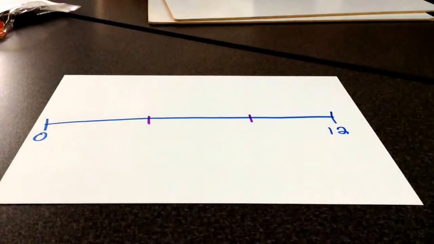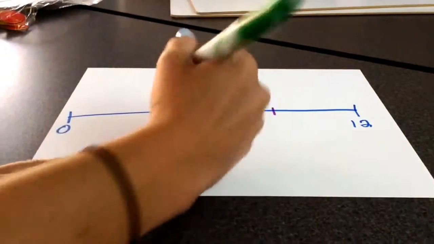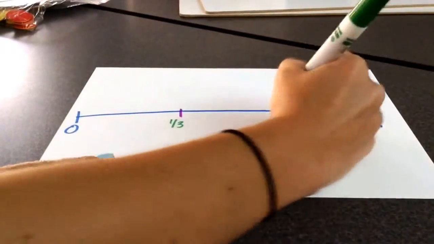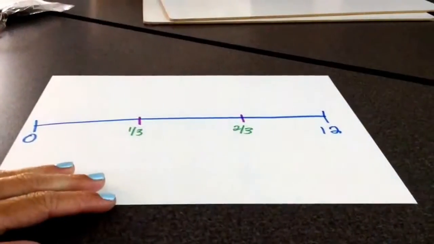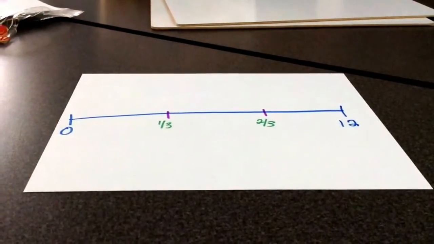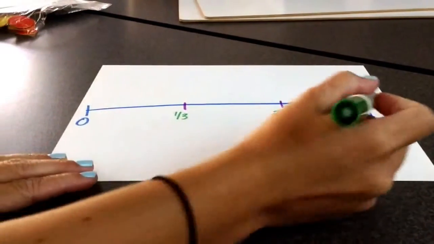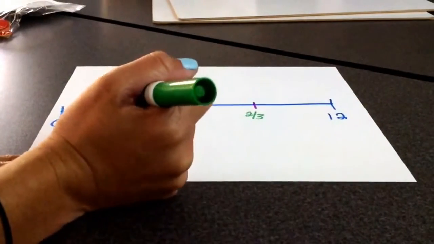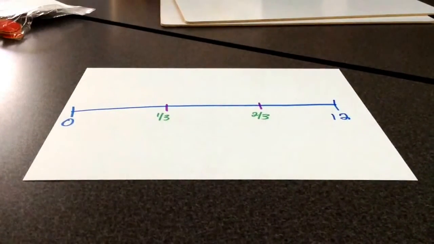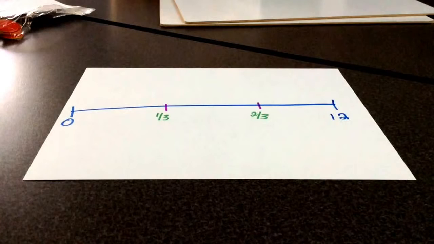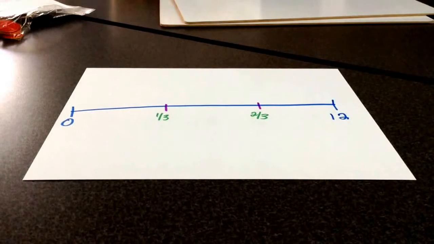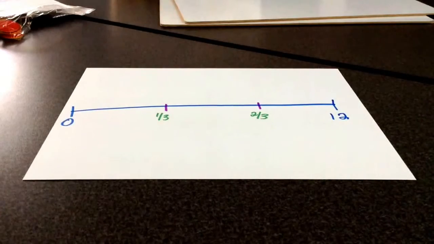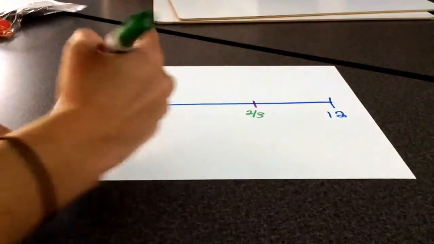So we know that in these 3 equal pieces, this is our first, this is going to be 1/3, and this is 2/3. Now that we know that our final number is 12, we're going to divide these 3 sections equally, where we're going to put numbers on our number line to where they equal 12.